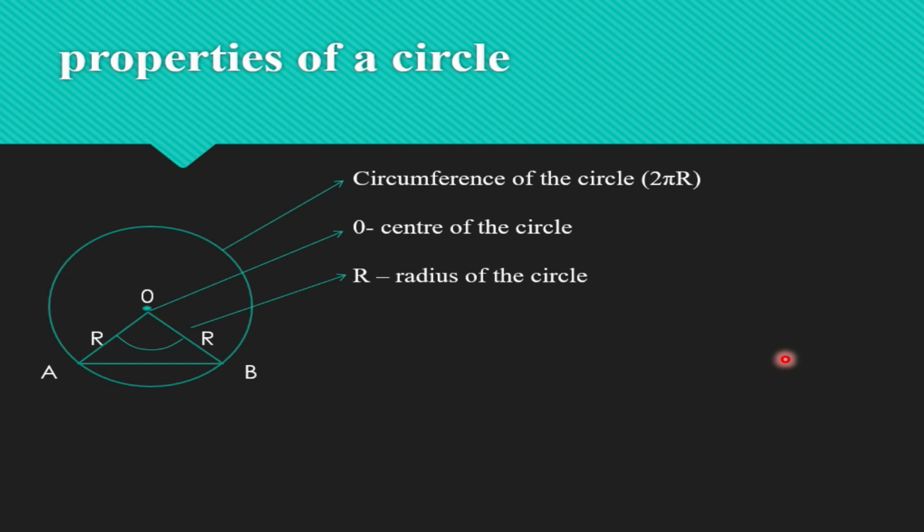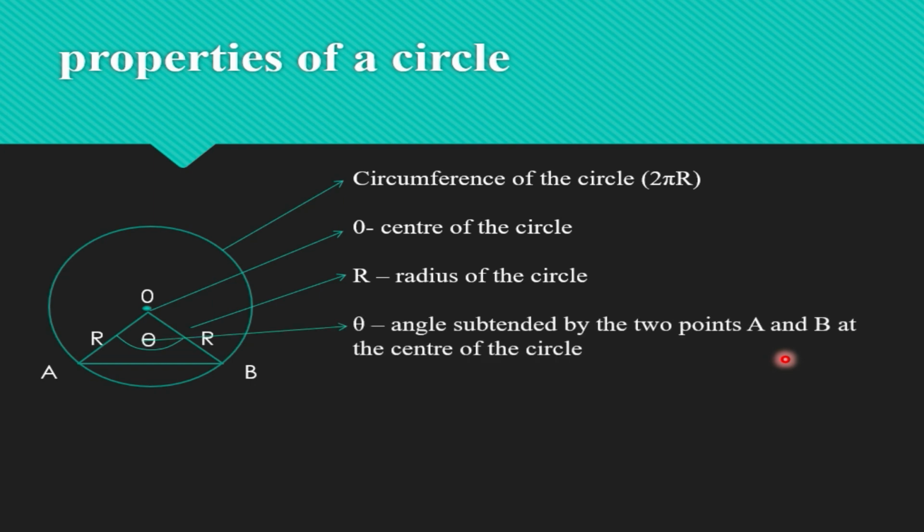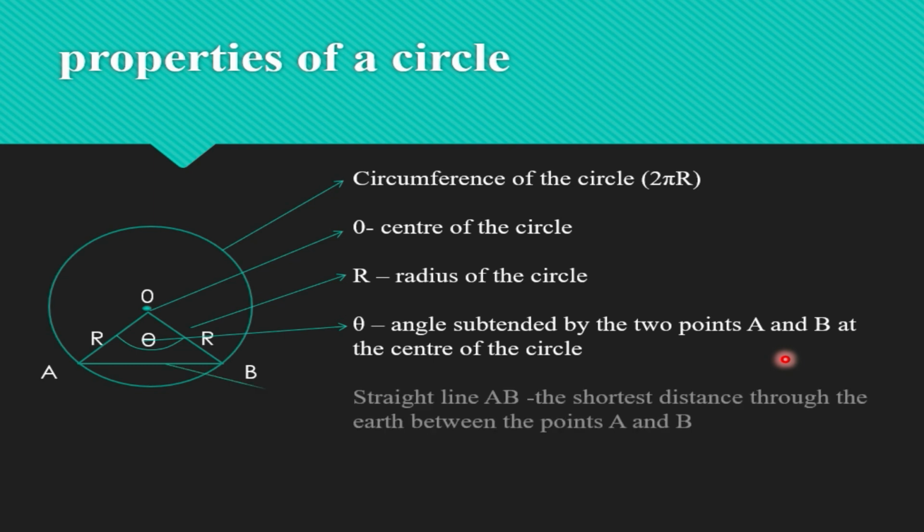So we have two radii over here that are forming the triangle A, B, C. So we have another angle inside there, and that angle is subtended by the 2 points A and B at the center of the circle. So when we are looking for an angle that is subtended by two different radii, we call it an angle of a segment or a sector.